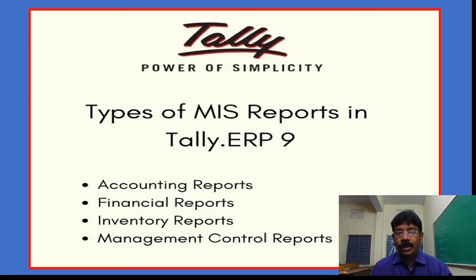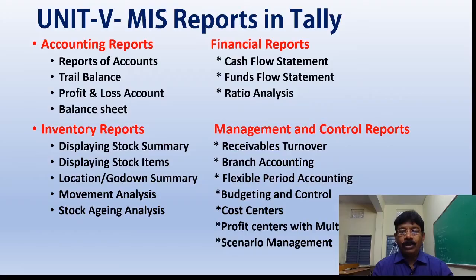Tally generates MIS reports of 4 types: accounting reports, financial reports, inventory reports or stock reports, and management control reports. Accounting reports are the trial balance, profit and loss account, and balance sheet.